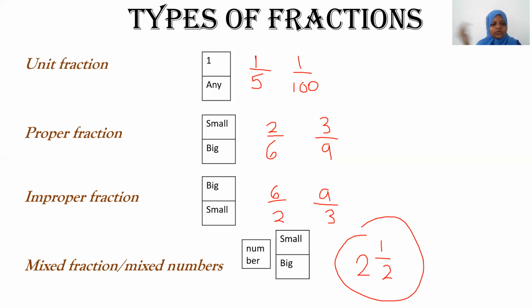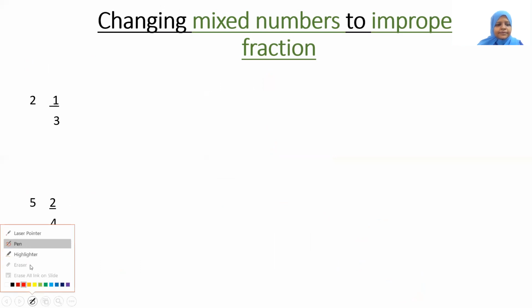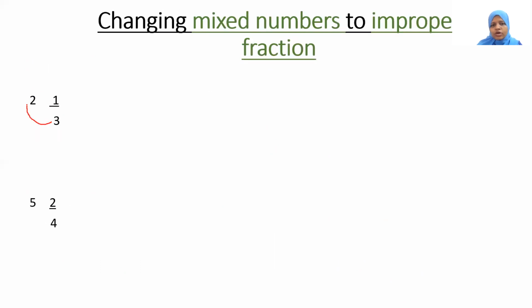Now we'll go to the next one, changing mixed numbers to improper fractions, which is extremely easy. See, the denominator here is 3, the numerator is 1, and the whole number is 2. This is a mixed number, a mixed fraction. You simply have to multiply the denominator and the whole number.